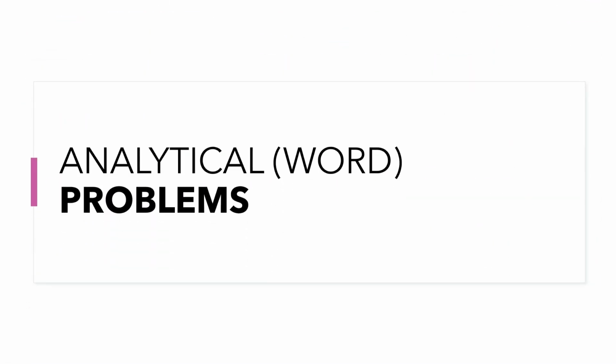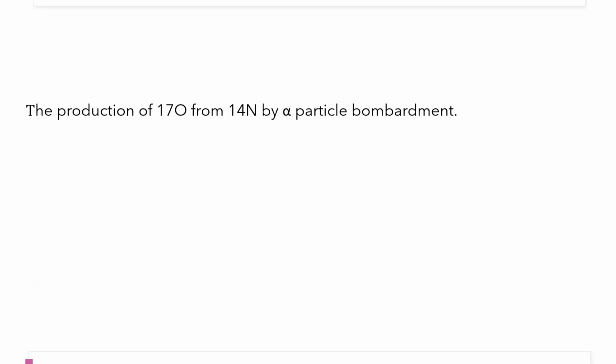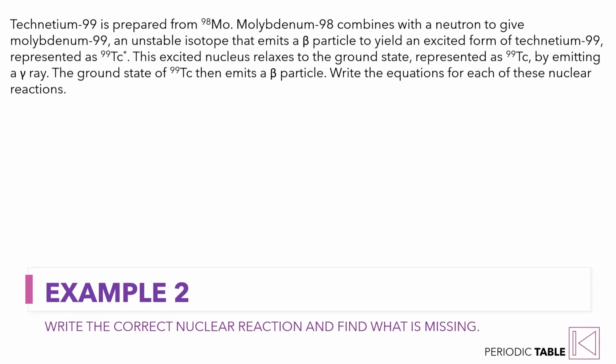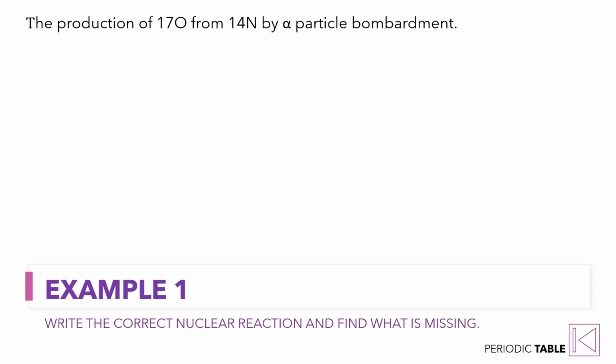Okay, this one is a bit difficult because we need to transcribe keyword problems into a nuclear reaction. So, the production of 17O, I think that's not 17O, that's oxygen 17, sorry.